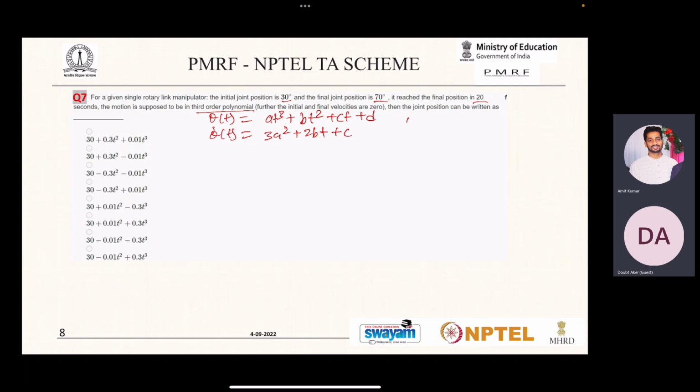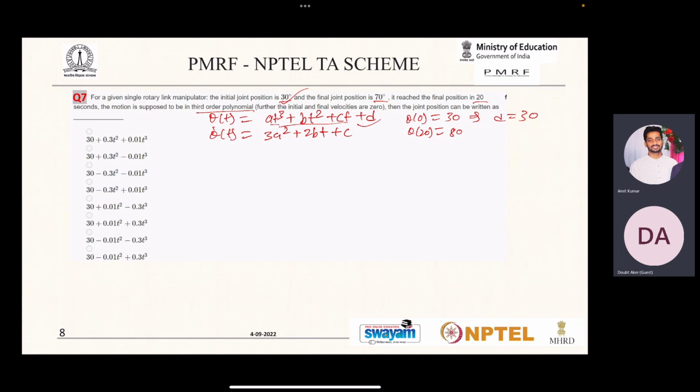Now theta 0 is 30, that implies d is 30. If you put 0 in the first equation, all the other terms will become 0, and d will be nothing but 30 degrees. Now theta 20, if you put 20 here, what will you get?